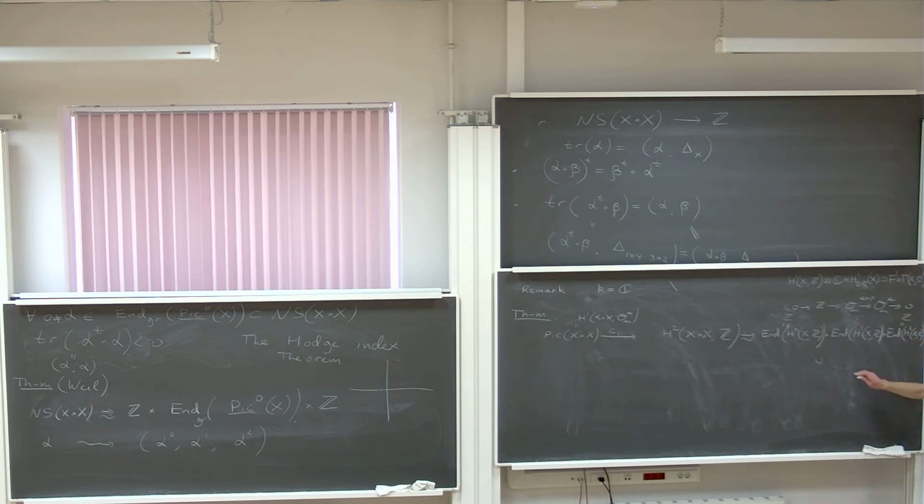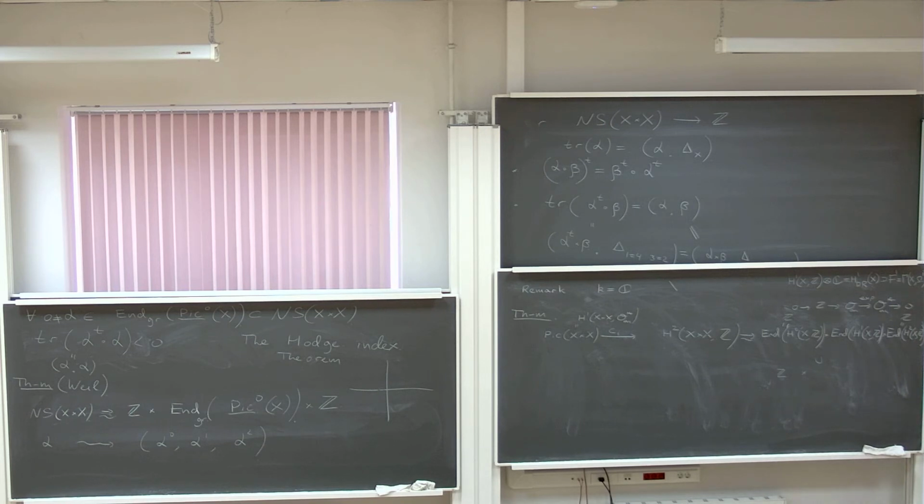So what should be the answer? Because it preserves the pullback of any holomorphic one form, which is again holomorphic. So every map from X to X induces an endomorphism of this lattice, and it also preserves this F1.